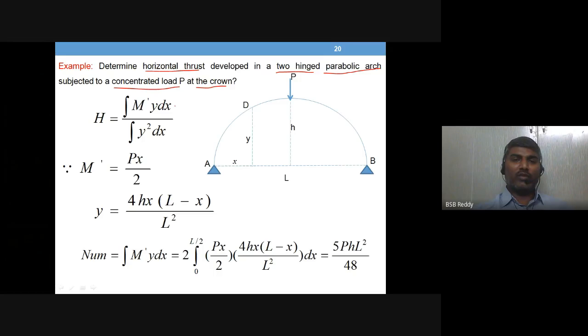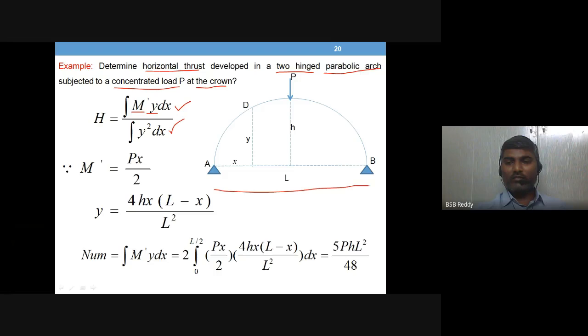So use the modified formula for this case. What is that? For a case of parabolic arch, what you need to substitute here is m dash and y. So this is required, right? So what is m dash? Same logic.